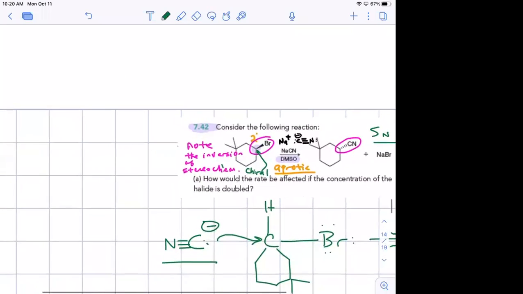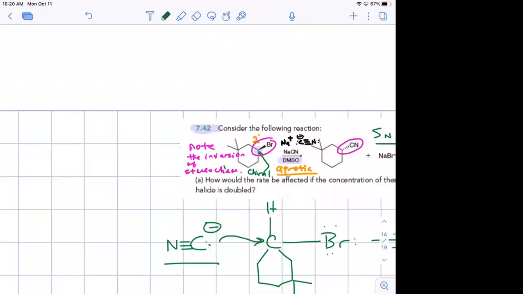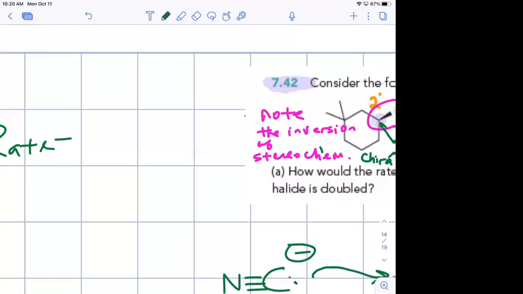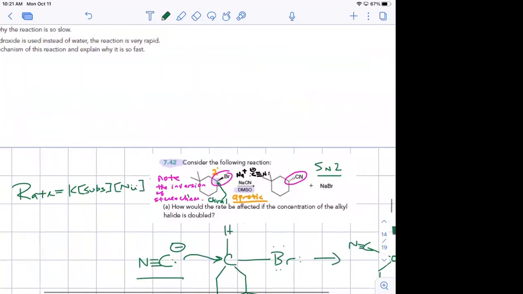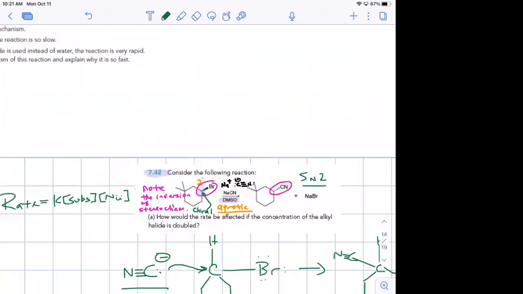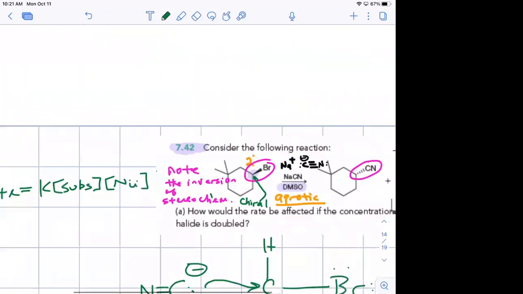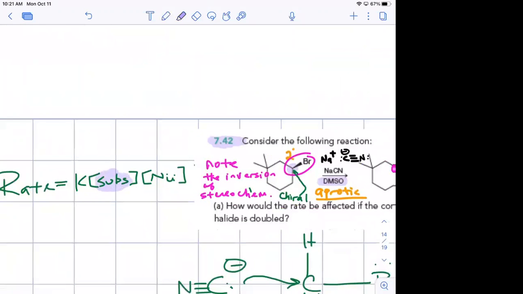All right. So how do we answer those questions? What's the rate law for the SN2? What does that look like? K, substrate, and nucleophile. Okay, good. So rate equals K times the concentration of substrate and the concentration of the nucleophile, right? So the question asks, how would the rate be affected if the alkyl halide, which is the substrate, is doubled?